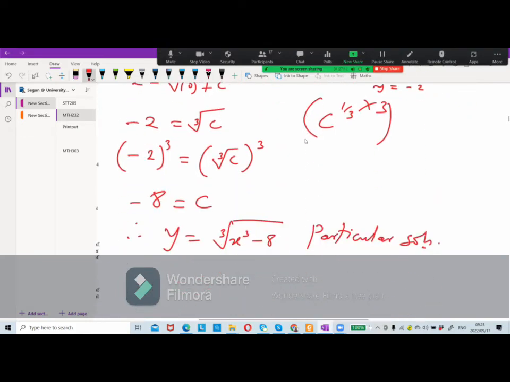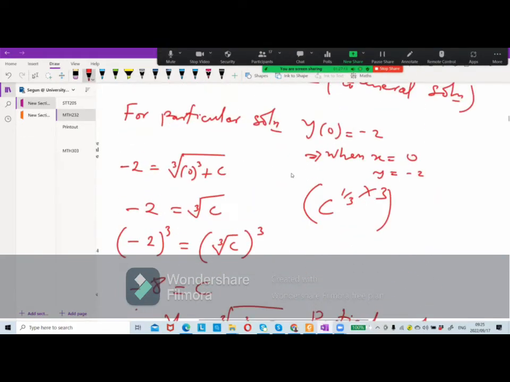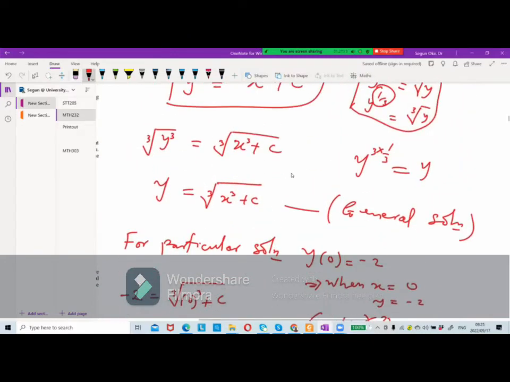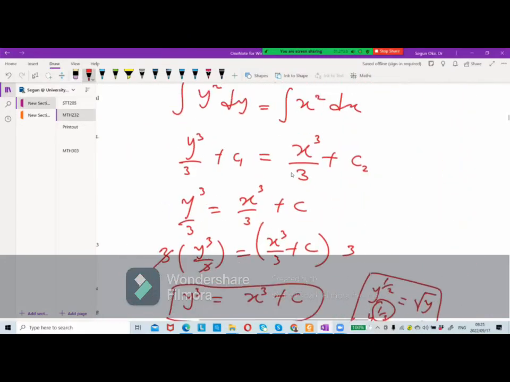From where we have y raised to power 3 all over 3 plus c1, somehow the c just became 1. What I'm saying is, in most cases, constant plus constant is constant.